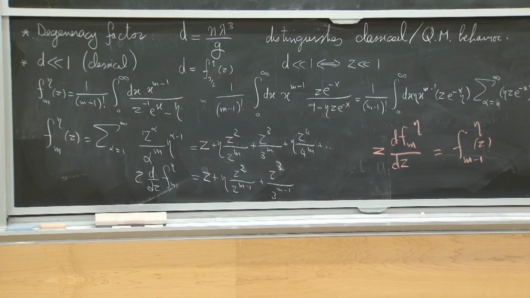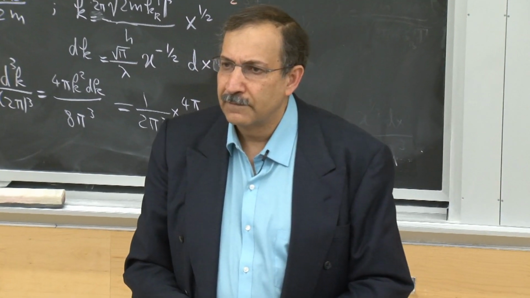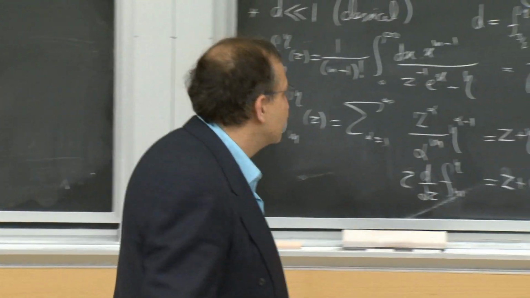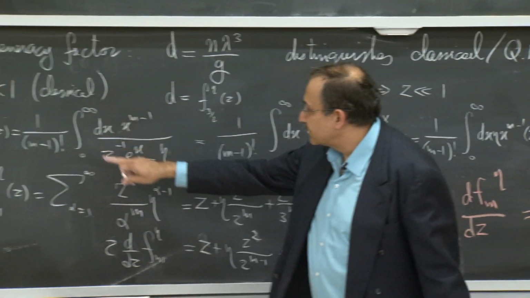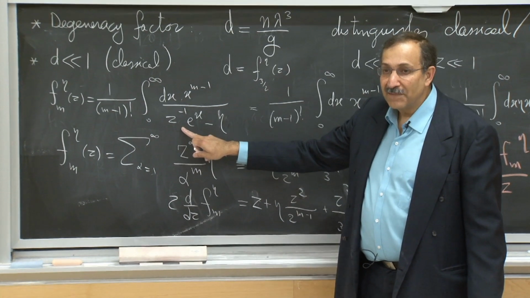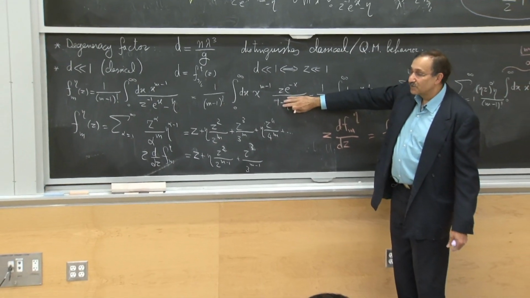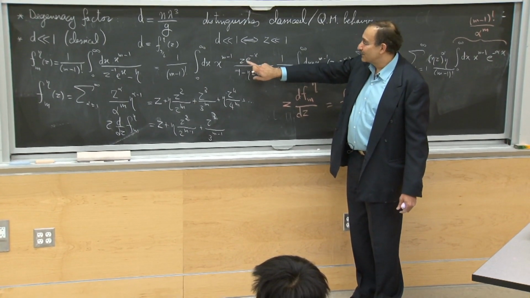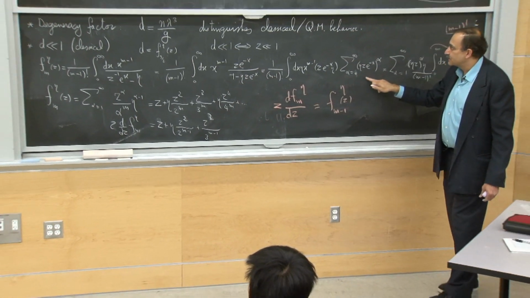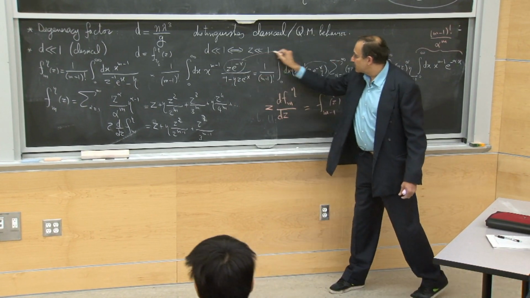Could you explain why the index of summation starts from 1? Okay. So let's take a look at this function. You can see there is a z inverse in the denominator. So I made it into a z here. So you can see that if z is very small, it will start with z. Right? Now what happened here? I wrote this as a sum of geometric series. I pulled out this factor of z that was in the numerator.